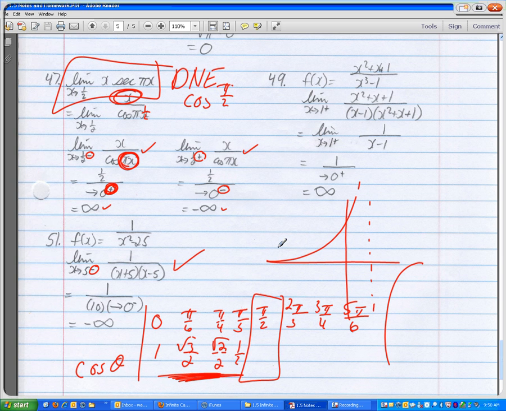But then when I approach pi over 2 from the right, look what I've got. I've got negative radical 3 over 2, negative radical 2 over 2, negative 1/2. So negative. Okay? So the trig chart was my table. I mean, you could do it on the calculator, but you've got this in your hand. Use your trig chart. Make sense?